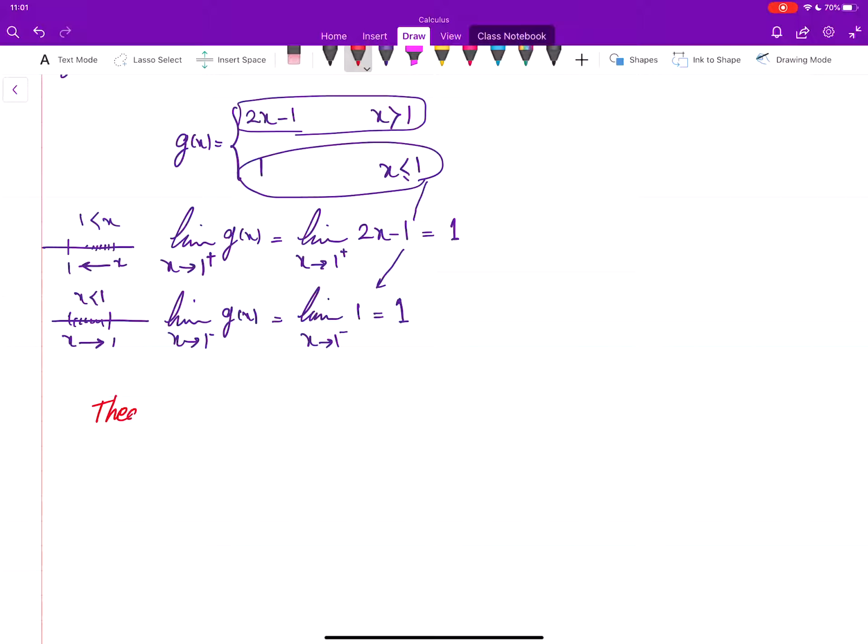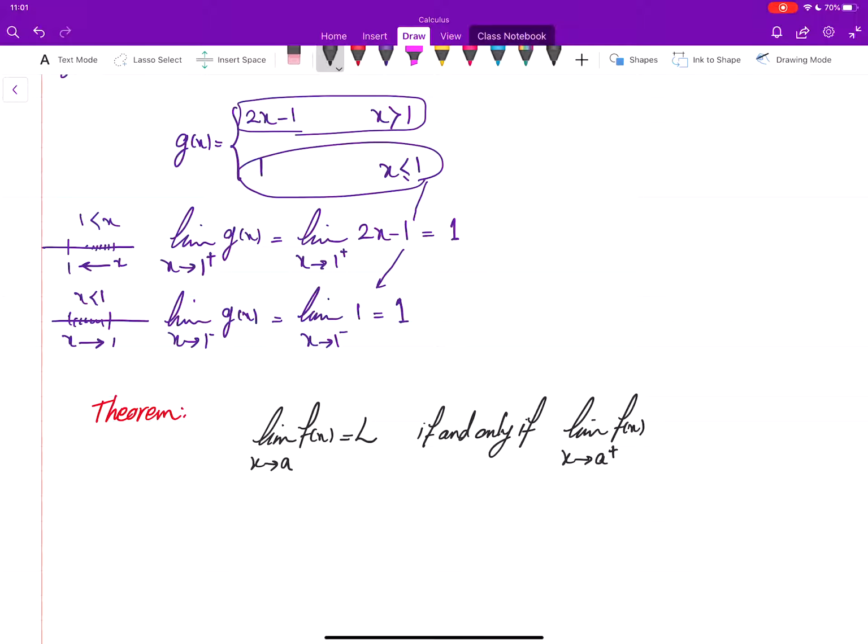So this is a theorem, a fact, which says the limit of a function as x goes to a exists and is equal to L if and only if the right limit of the function exists, the left limit exists, and these are the same number L. It means that if someone knows the left limit and right limit, and they are equal, then you can conclude that the function has a limit and the limit is the same number.